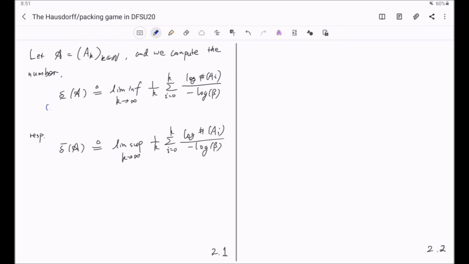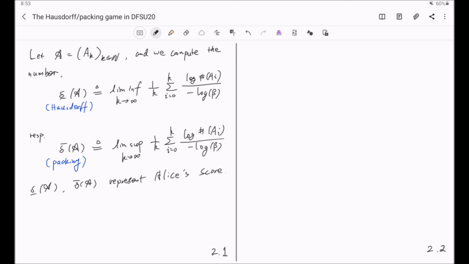The first one corresponds to the Hausdorff game, while the second one corresponds to the packing game. Those two numbers, lower delta of A and upper delta of A, represent Alice's score.